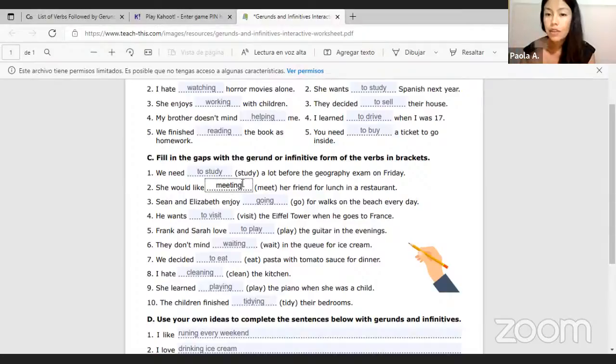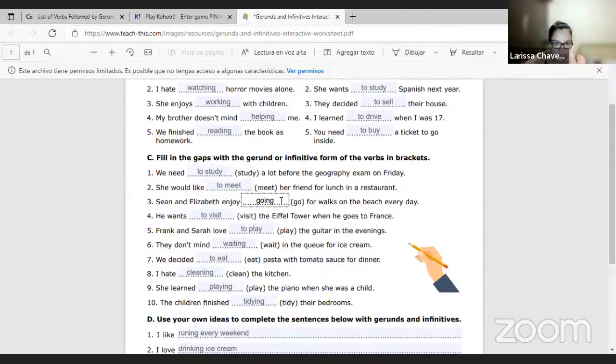She would like meeting or she would like to meet her friend? Which one sounds better for you? She would like to meet a friend for lunch in a restaurant.